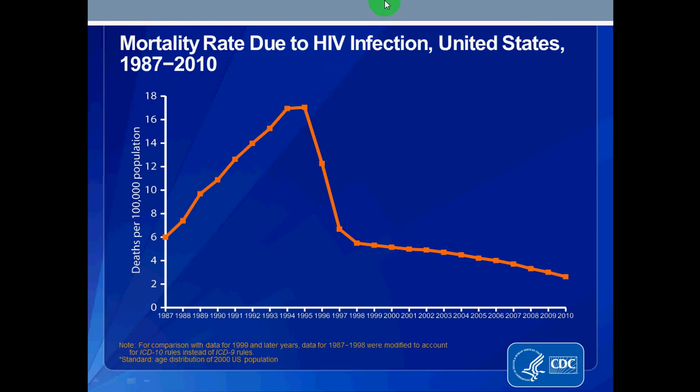But then in the mid-90s, we started developing drugs that are effective against HIV and understanding how to prevent it as well. So the mortality rate, the number of people dying because of HIV, dramatically goes down. And now we're to a point where people still have HIV, people are still dying from HIV, but it's a manageable disease if people take medications properly and if we can prevent the spread of the infection to other people.